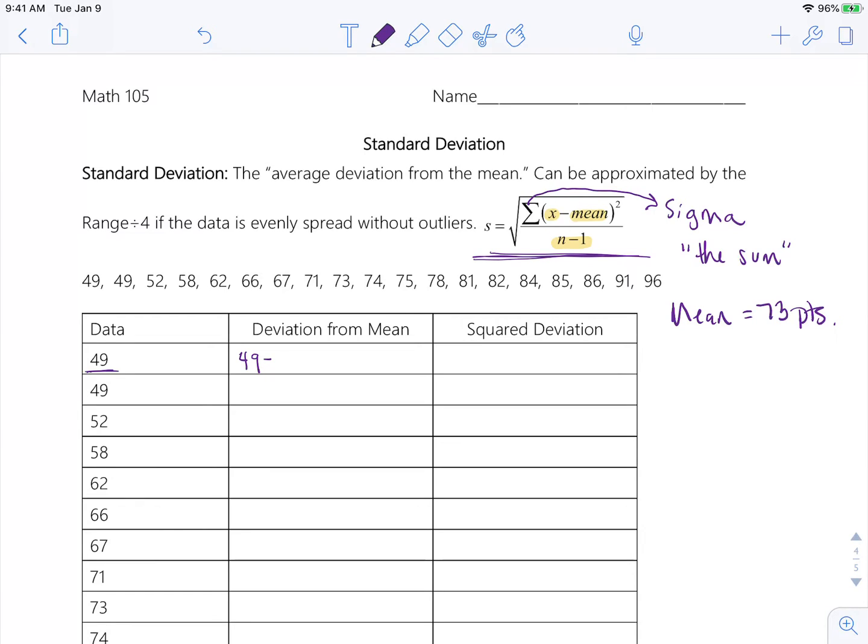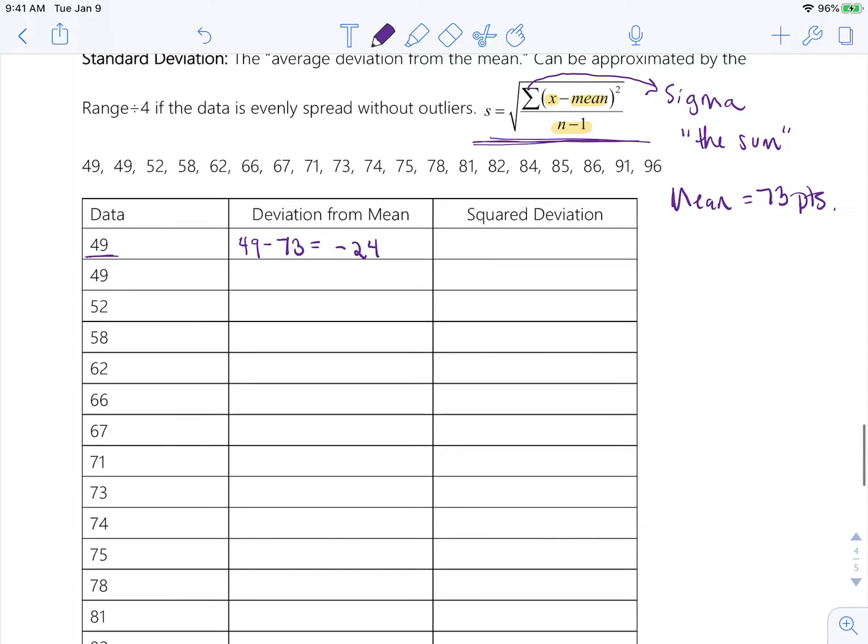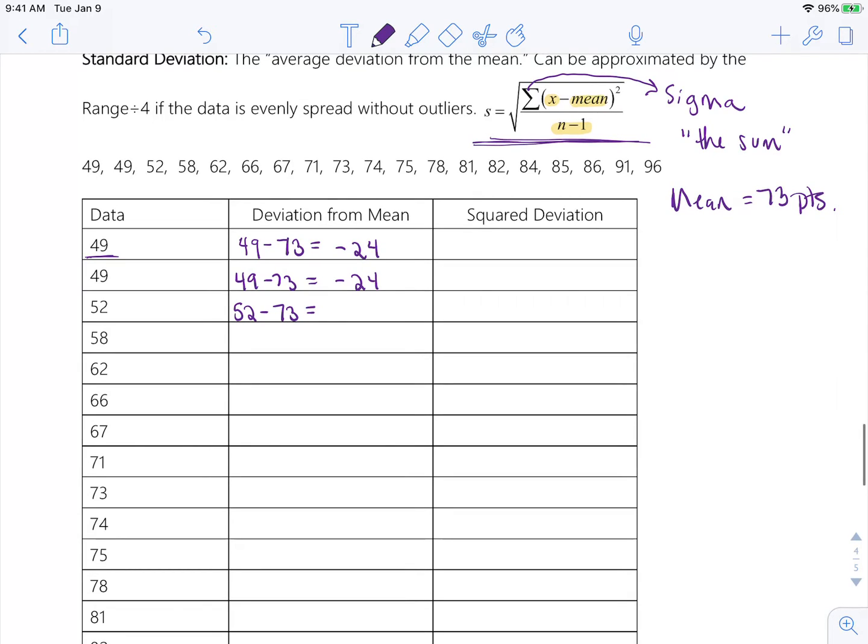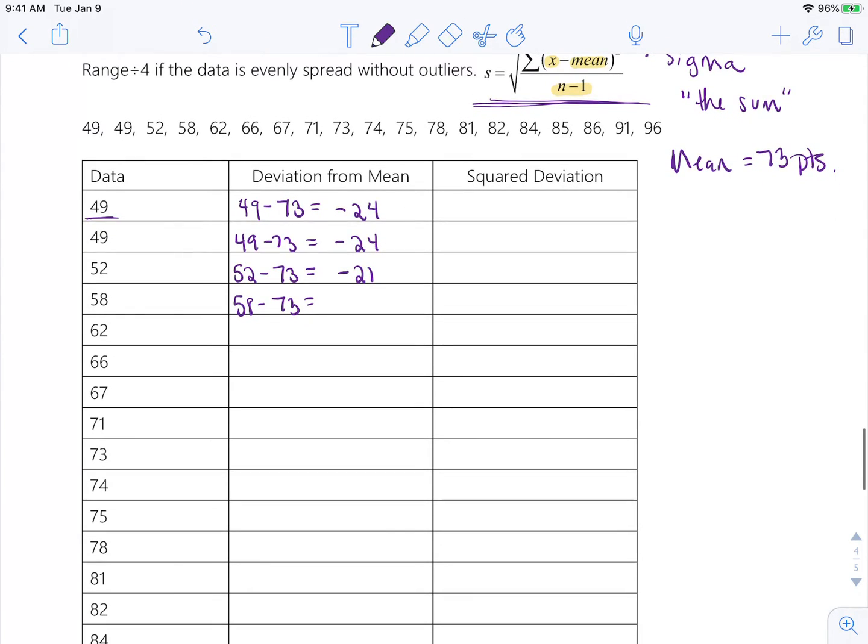Okay, so we have 49 minus 73. That will give us negative 24. I'm going to go down this entire column doing this. 52 minus 73 is negative 21. 58 minus 73, and keep them negative because it does affect some other answers, negative 15. 62 minus 73 is negative 11.